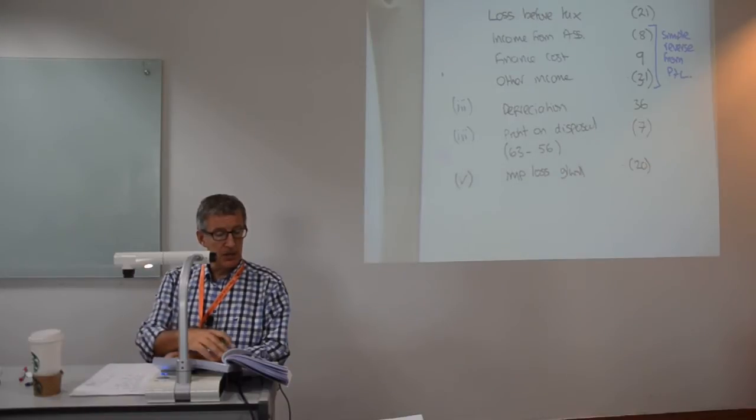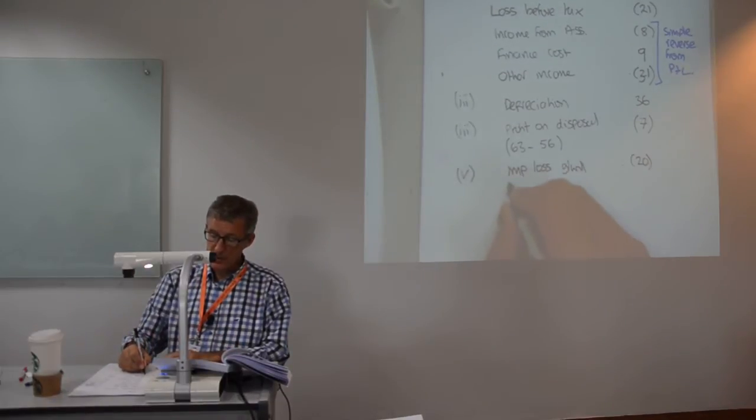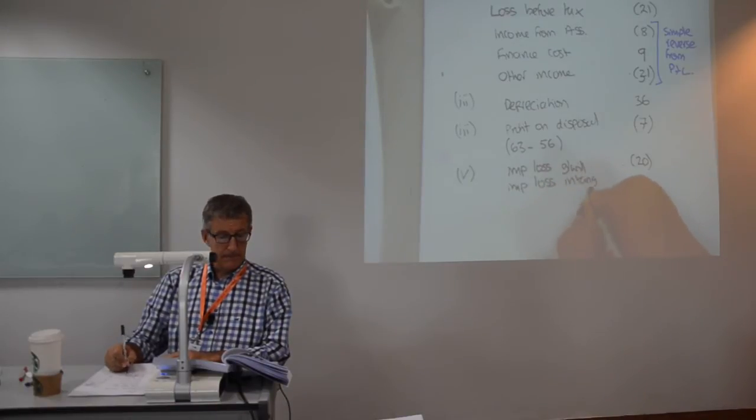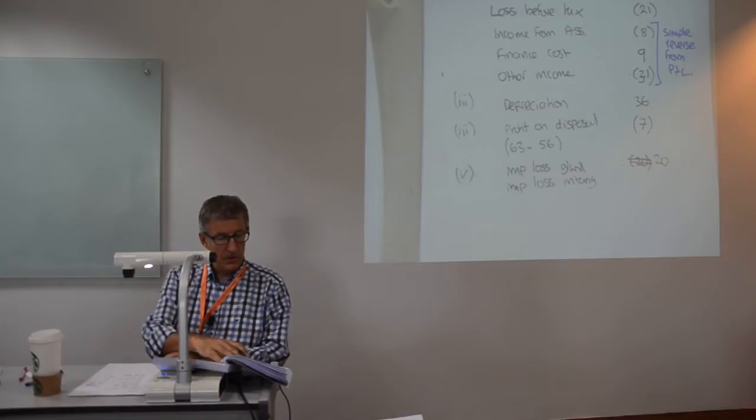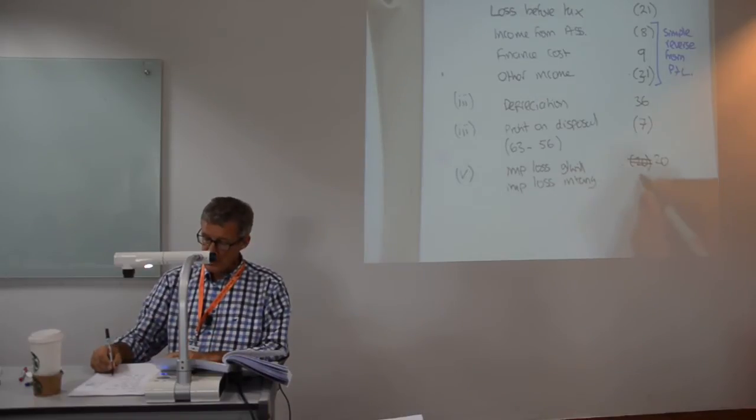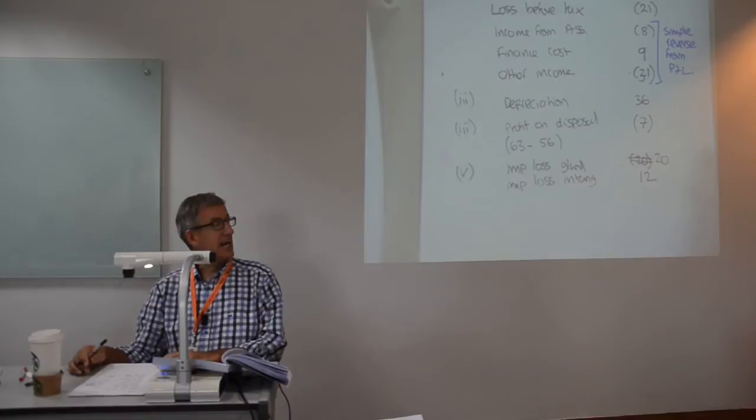And there's an impairment loss on other intangibles as well. Add back the loss. And the other intangibles is 12. Add back the loss.